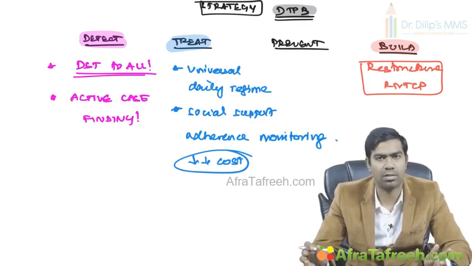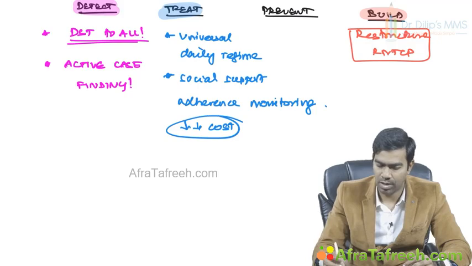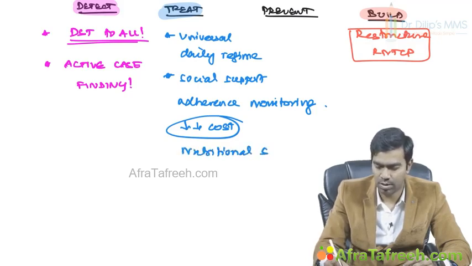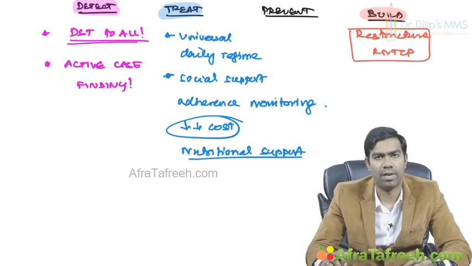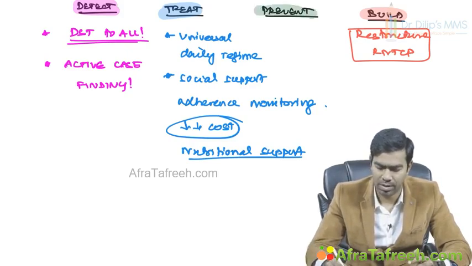So giving the drugs free of cost reduces the cost and the burden on the family. At the same time, there's a new thing that is introduced, nutritional support, because sound nutrition is very, very important for fighting the disease, and at the same time improving the overall outcome on the patient side. So that is why all these things have been implemented.